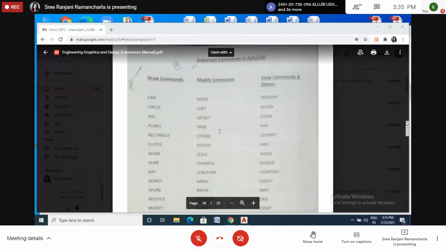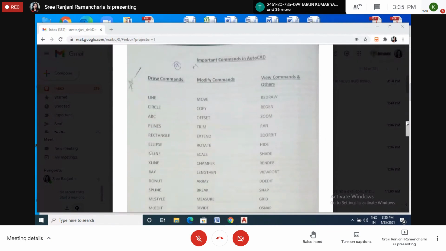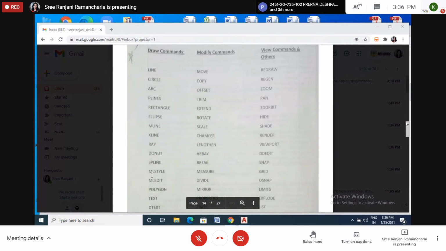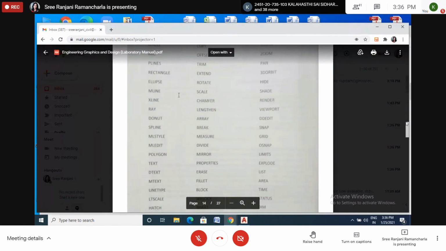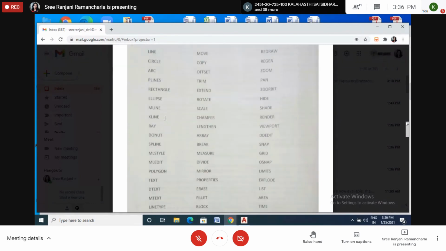Draw commands: line, circle, arc, P-line, rectangle, ellipse, M-line, multi-line, X-line, ray, donuts, SP-line, ML style. These are all draw commands. These all will be used.